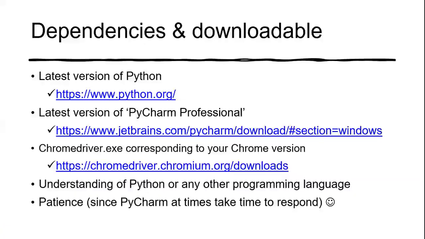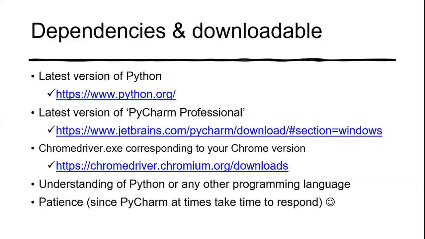First of all, we have a few dependencies which we need to download. I'll start with the very important Python, which we need to download. We can get that from python.org, or you can simply Google search Python download.